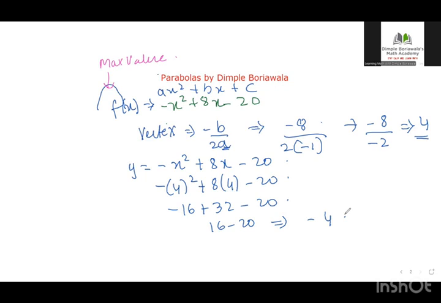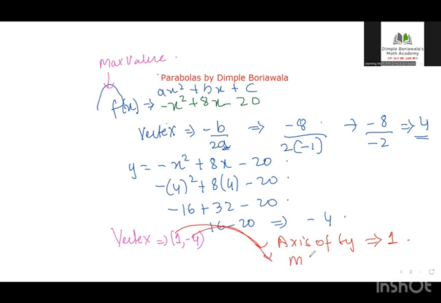So what is my vertex over here? My vertex over here is (4, −4). What is my axis of symmetry? Axis of symmetry is always concerned with the x coordinate. What is my maximum value?